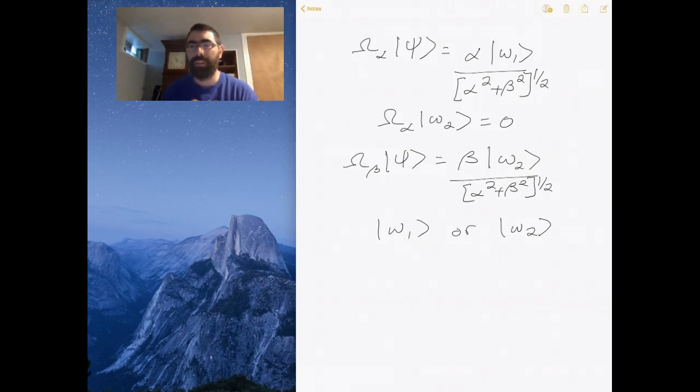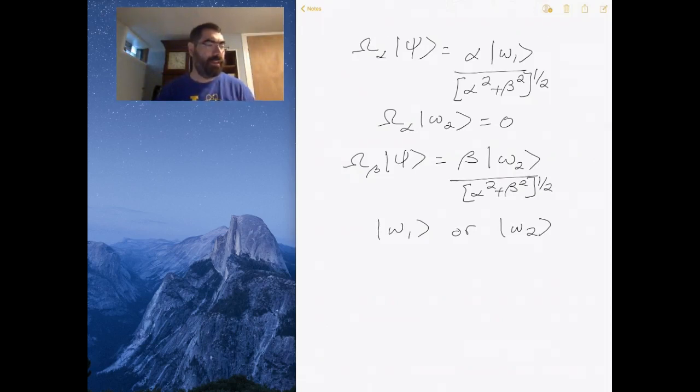They're two independent results. But by choosing the operator which selects the omega 1 state, I can come up with the fact that the result is going to be alpha divided by the normalization, or if it's state 2, it would be beta divided by the normalization. That eventually is going to lead to our calculation of the probability of that result occurring in a measurement.